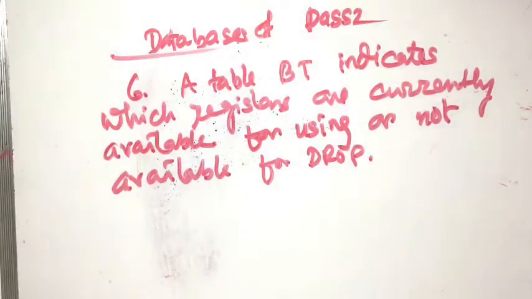So this table is for occupied and unoccupied base registers. This table is used to hold the registers that are currently specified. You can use this table during pass2.